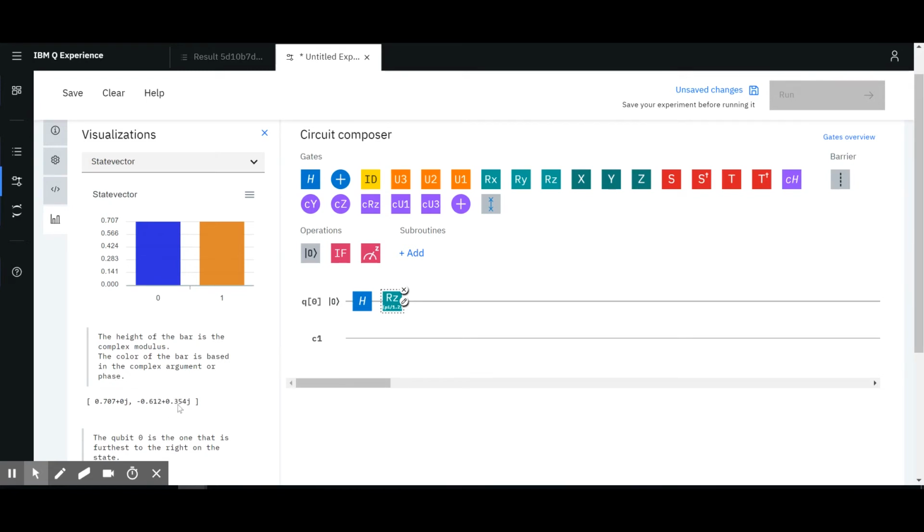The complex component determines how reddish or pinkish the color is, and the sign determines how yellowish it is. If it's positive, it's blue. Yeah, that's a cool way to visualize stuff. Yeah, definitely.